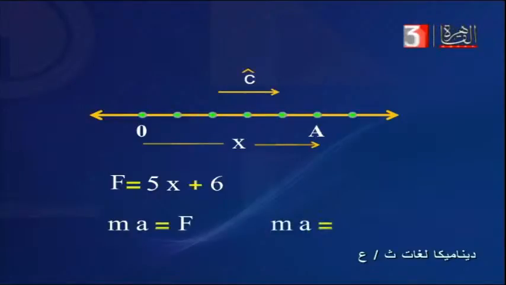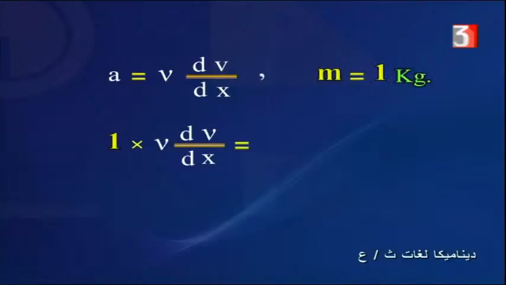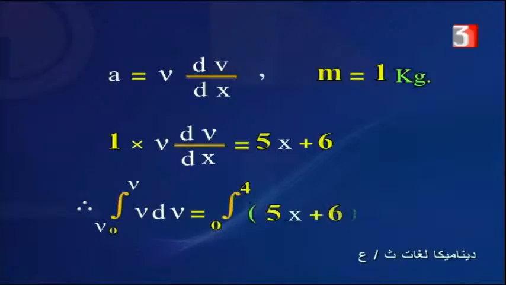Then ma equals 5x plus 6, and we know that the acceleration a equals v dv/dx. And when the mass equals 1 kilogram, then 1 multiplied by v dv/dx equals 5x plus 6. Now, the integration of v dv from v naught to v equals the integration of 5x plus 6 dx from 0 to 4.